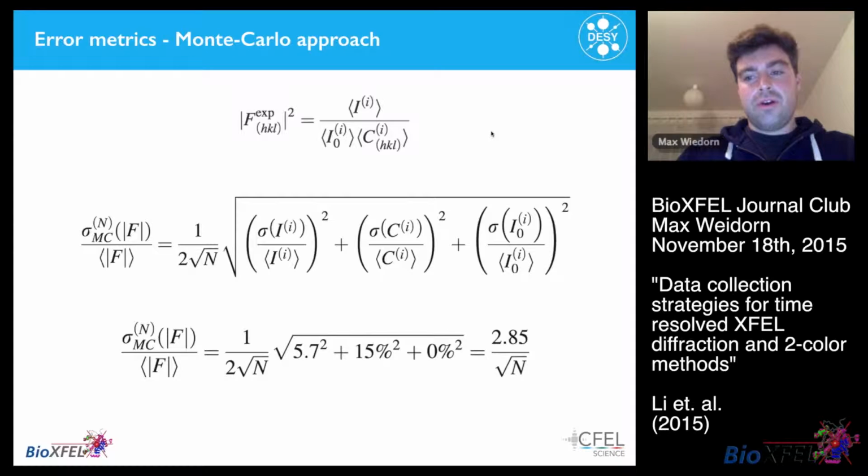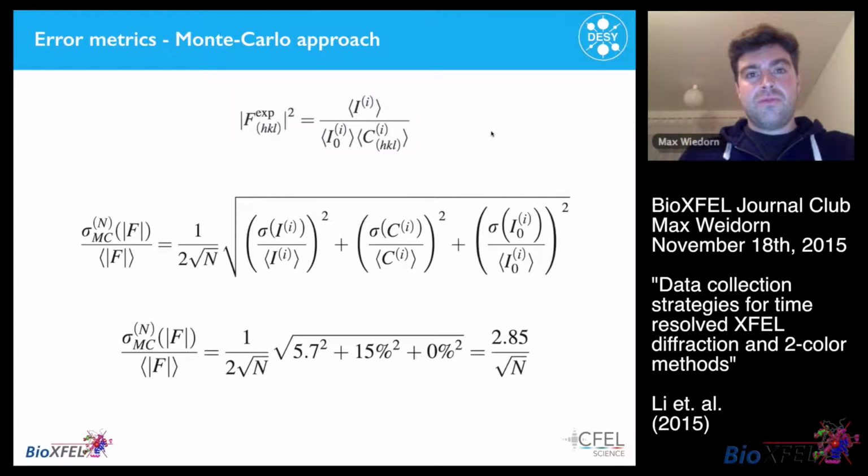And in order to be able to resolve a 1% change in structure factor, you need on the order of 80,000 patterns to drop this error down, so that you can actually extract about a 1% change in your time-resolved signal. So that's pretty bad, 80,000.